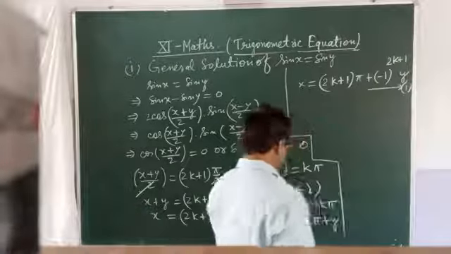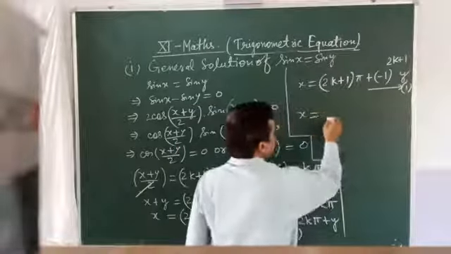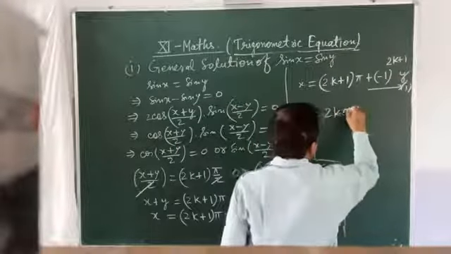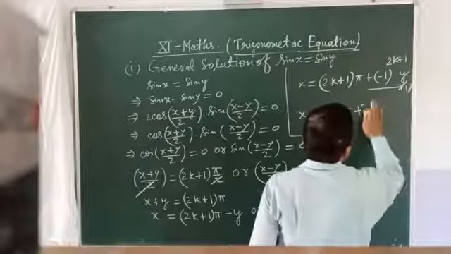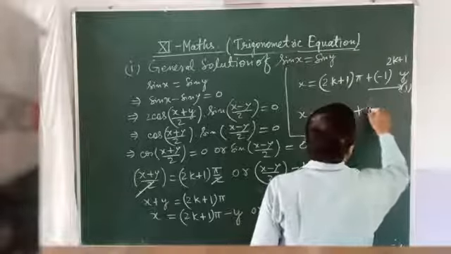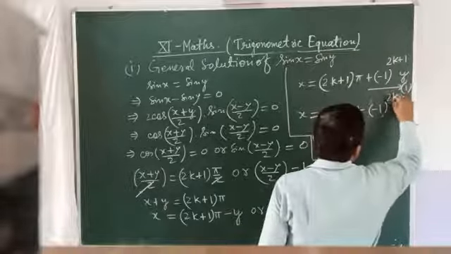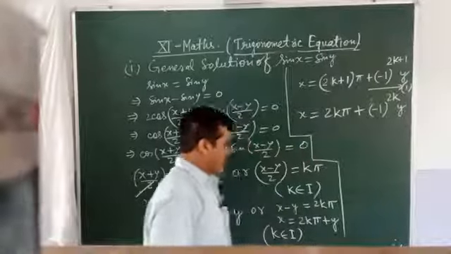From second condition x equal to 2kπ plus y, we have x equal to 2kπ plus (−1) to the power 2k into y.